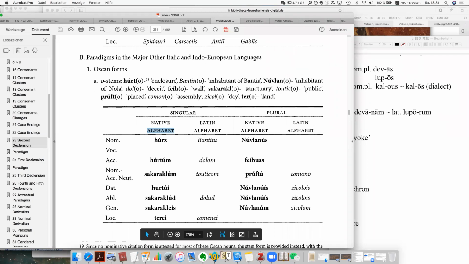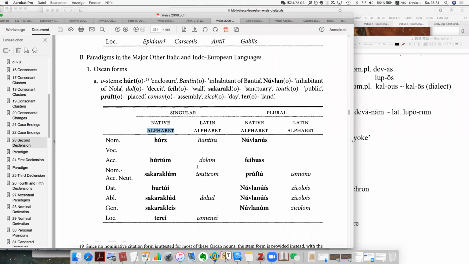But for the Sabellic words written in Latin alphabets, it's just like this, no bold font, no bold script. So this is a distinction you have to keep in mind.